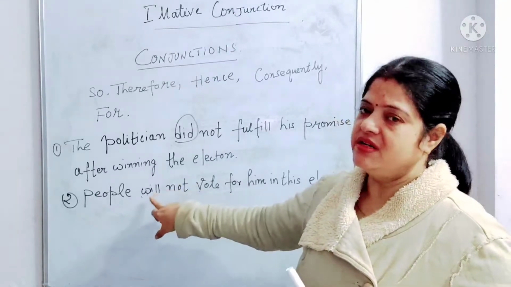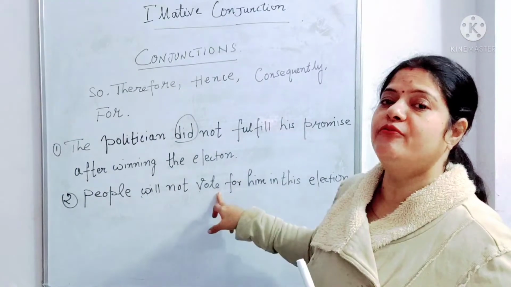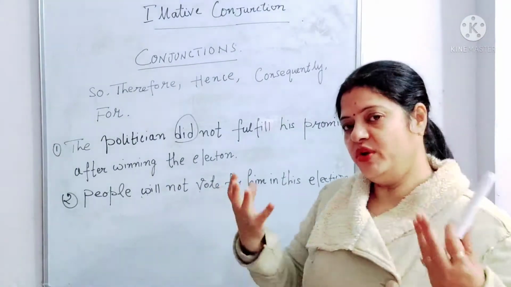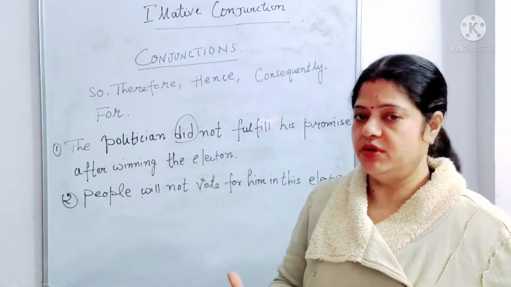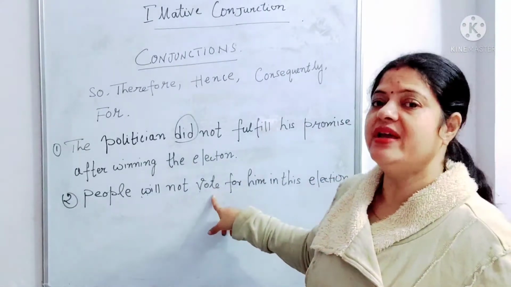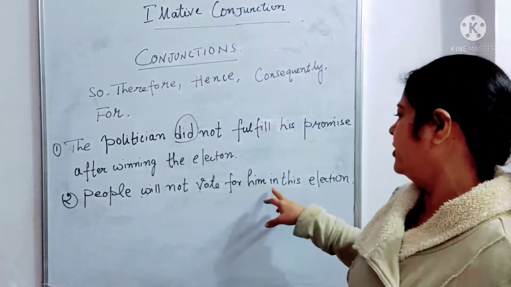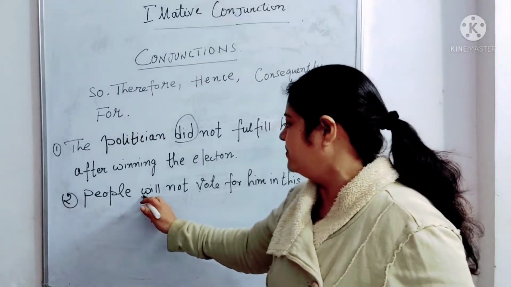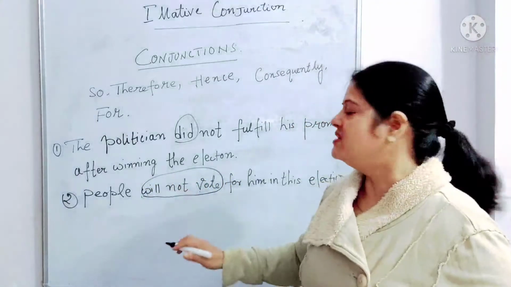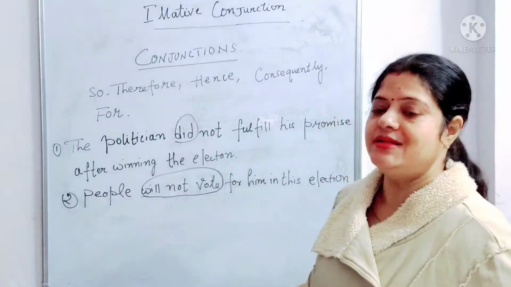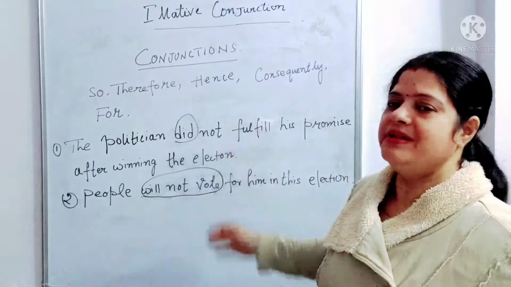Will is an auxiliary verb which is helping this main verb vote. Okay. So know that vote, if we take it as a thing, is a noun. But here it is working as a verb, as a main verb. So people will not vote for him in this election. So till here we have one auxiliary verb and second is the main verb. So we know that these are two simple sentences.